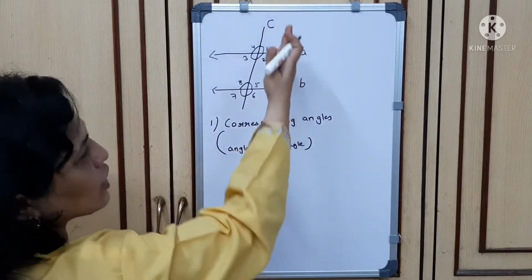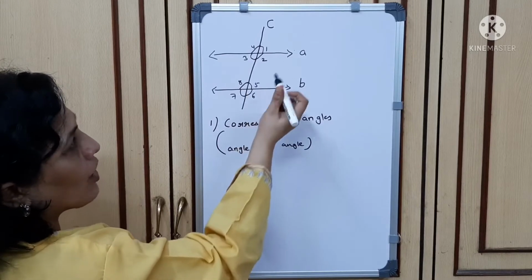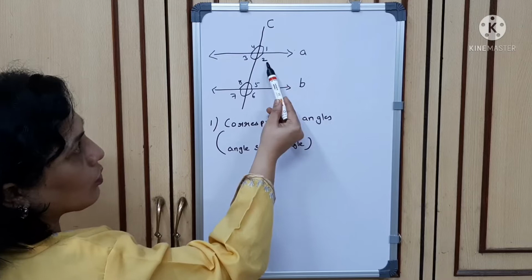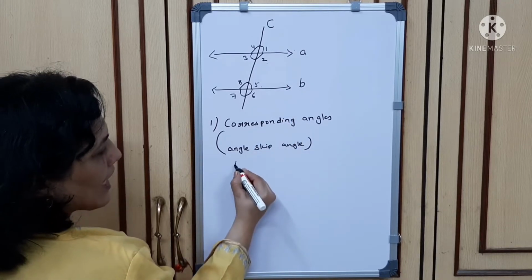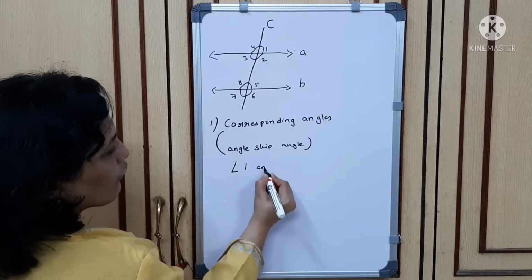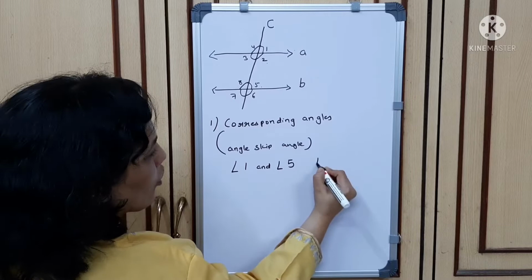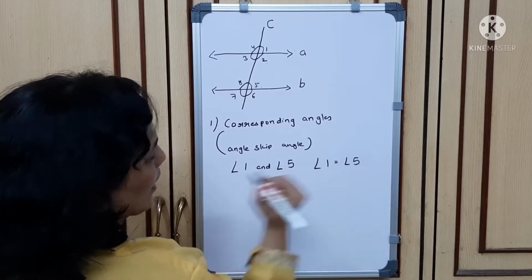They will always be on one side of the transversal. We call it angle skip angle because we take number 1, we skip 2 and we come to 5. So what are the corresponding angles? Angle 1 and angle 5 are corresponding angles, and they are always equal.